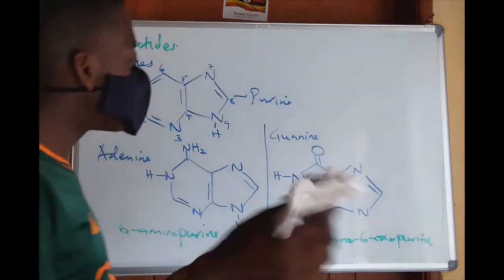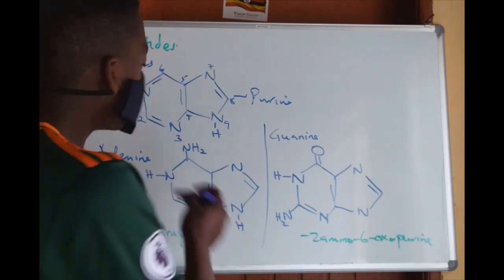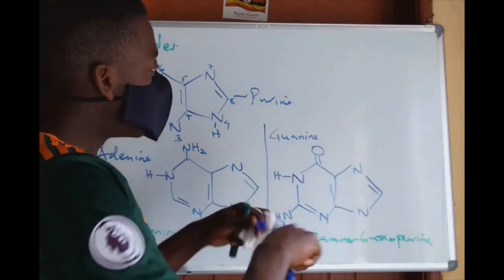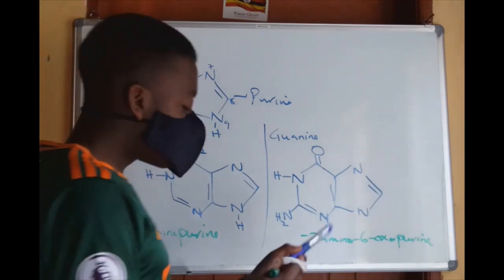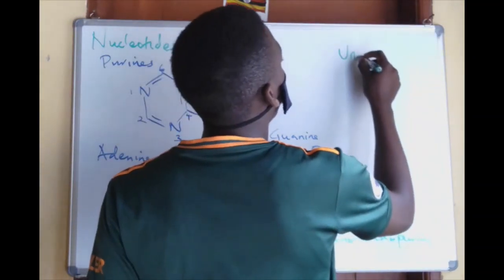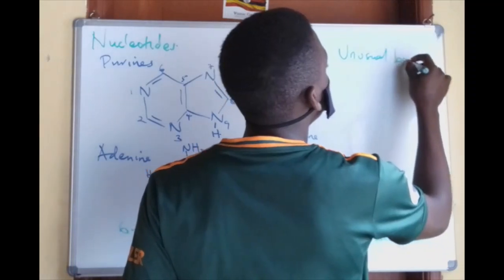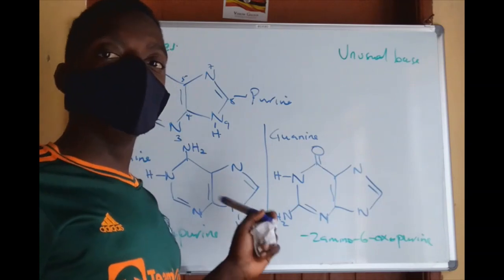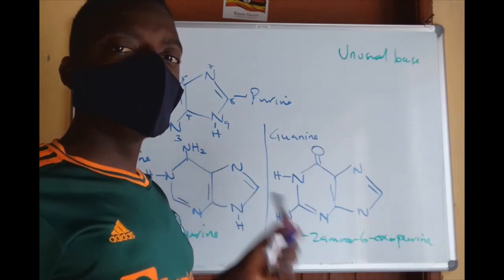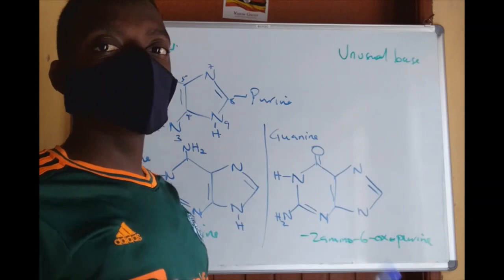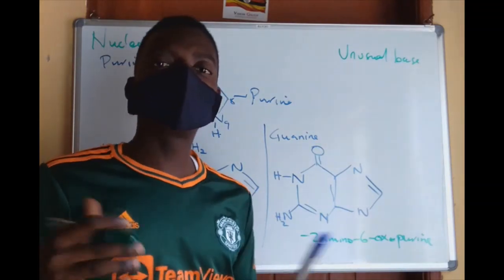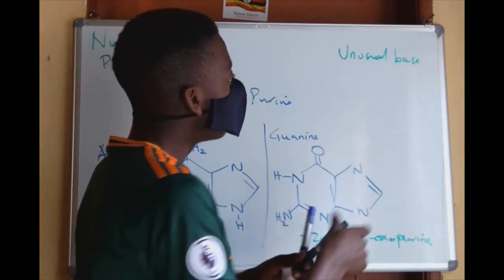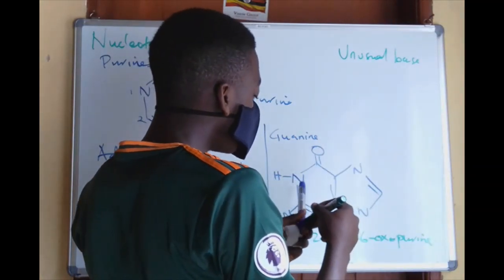Before that, when you look at adenine, there is an unusual base which I can't forget to talk about. When you need to prevent these bases from being degraded by enzymes, or cleaved by some enzymes, you must add a different group to the base. So adenine can get dimethyl.